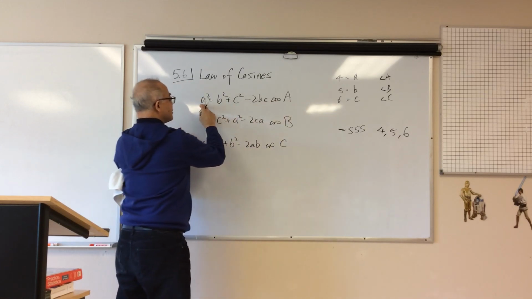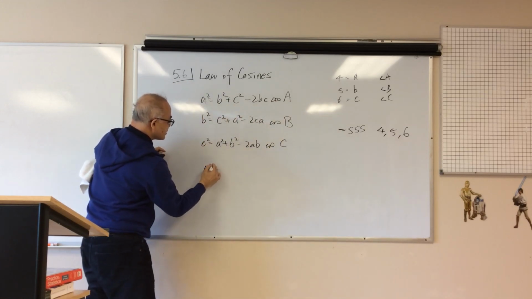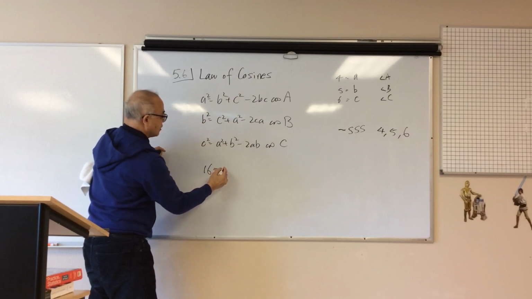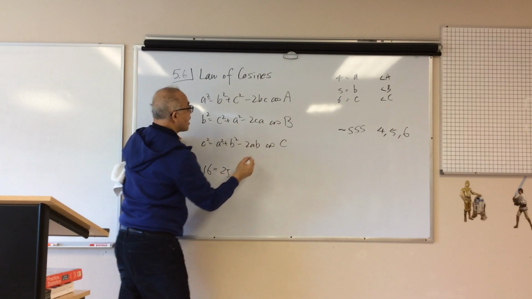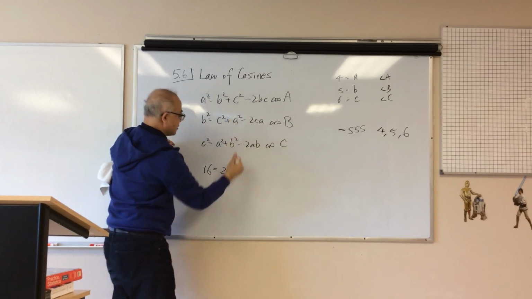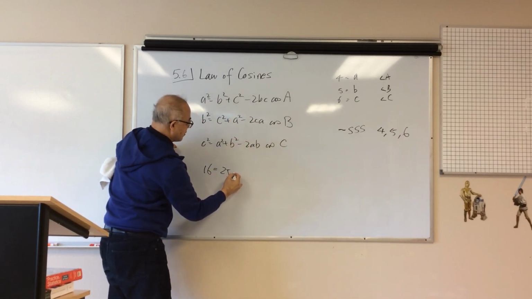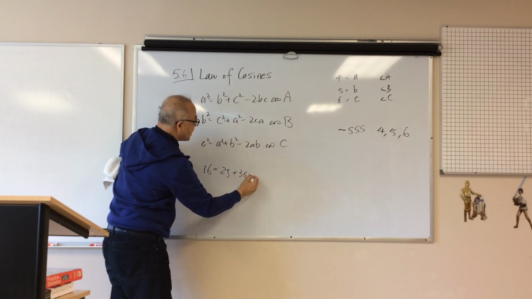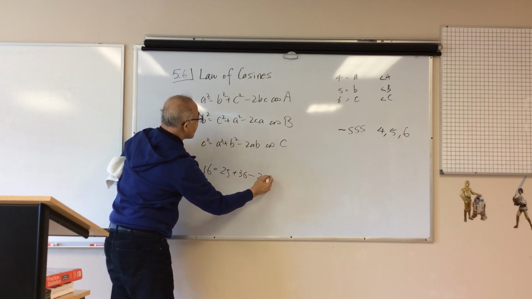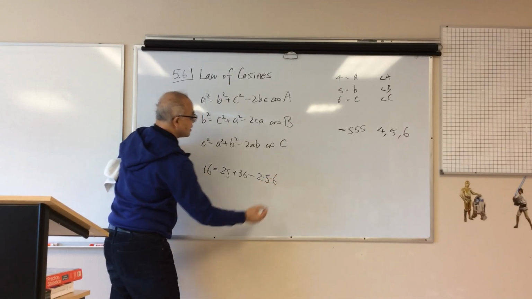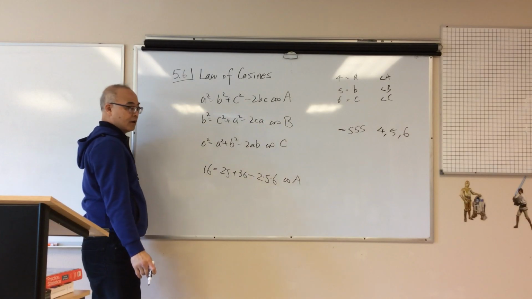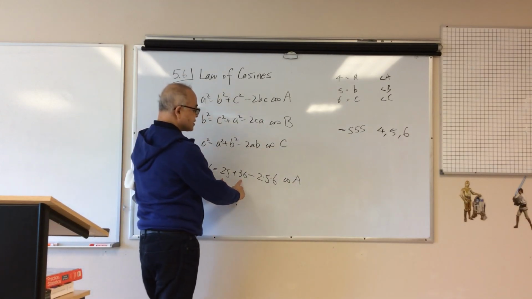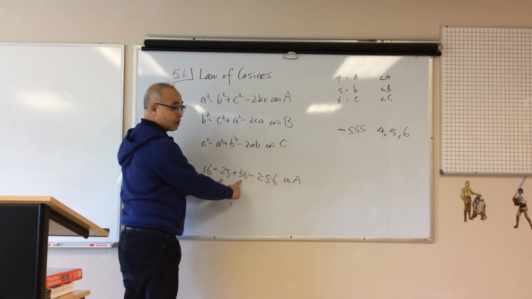So a squared is 16, is equal to b squared, 25, plus c squared, 36, minus 2 times b c cosine A, right? Yep. 61.